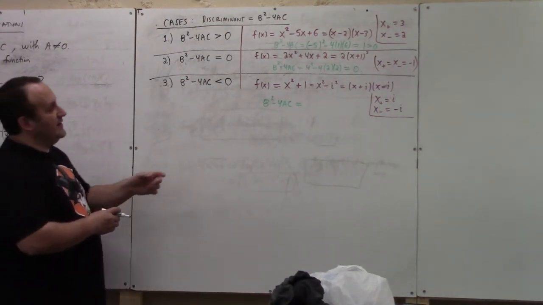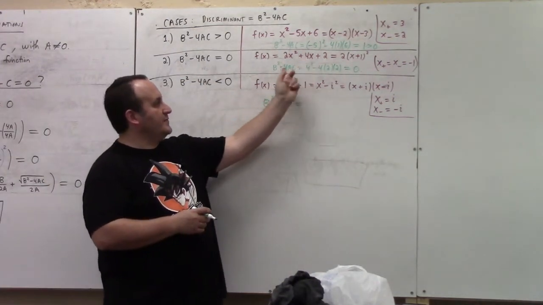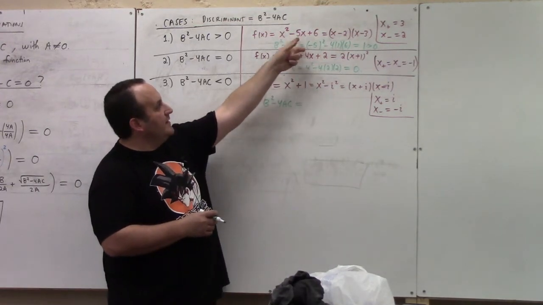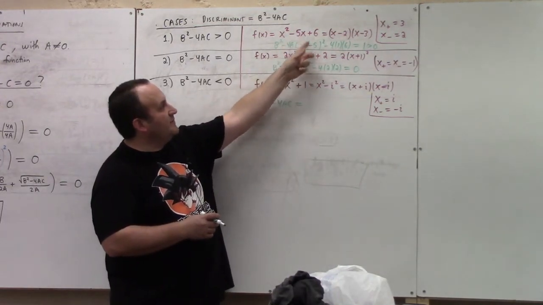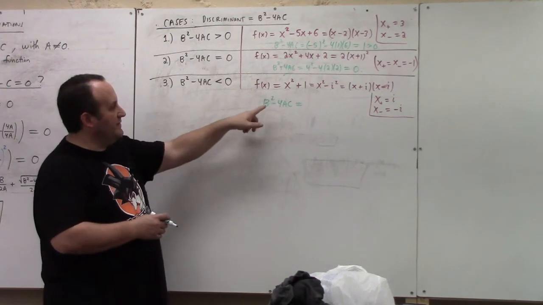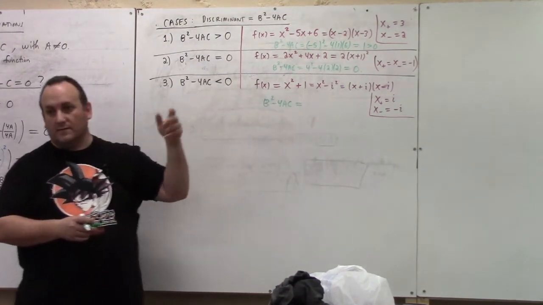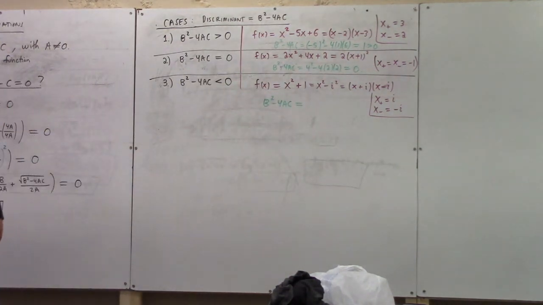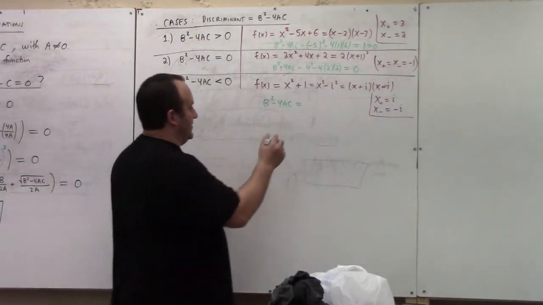Now the one above, the coefficient of x was 4. That's why b was equal to 4 here. And this one, b was equal to minus 5 because it's the coefficient of x. What's the coefficient of x in this one? There is nothing there, right? So the coefficient is 0, right? B is equal to 0 for this one. So we've got 0 squared minus 4 times 1 times 1.